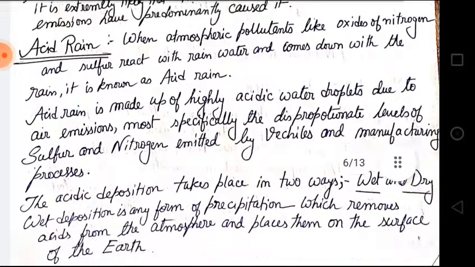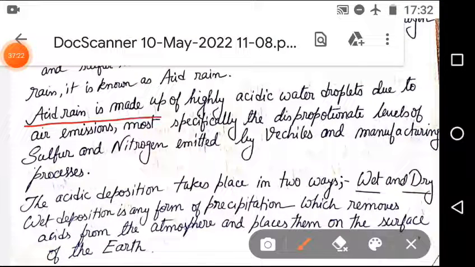Now, acid rain is made up of highly acidic water droplets due to air emissions. So the emissions in the air lead to the formation of acidic water droplets.